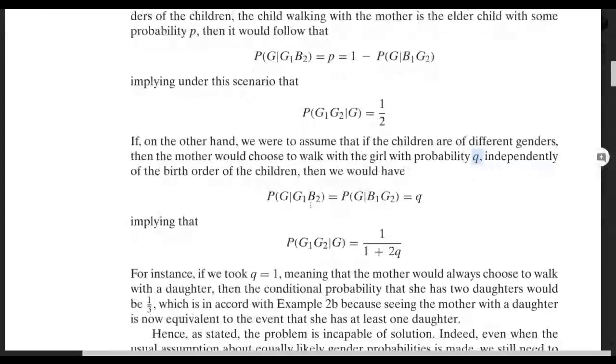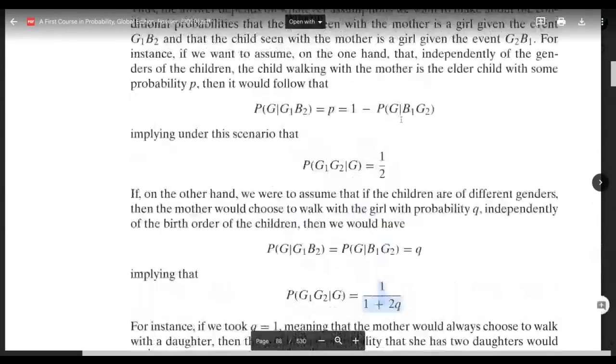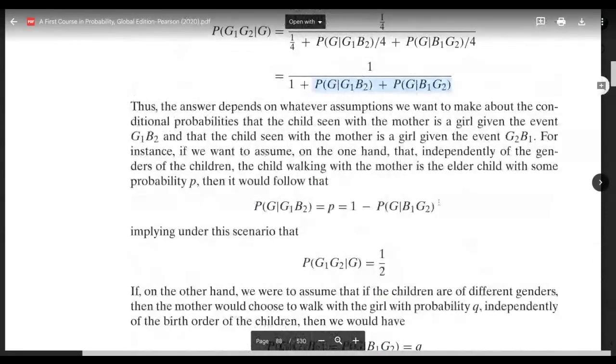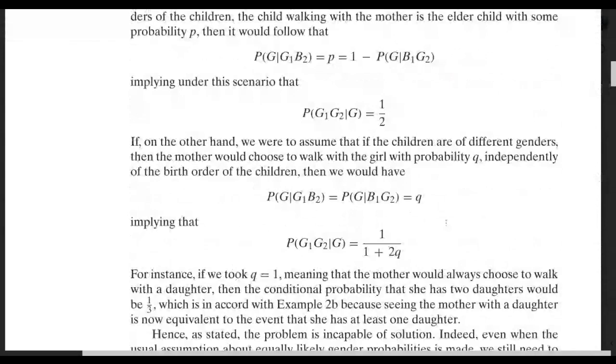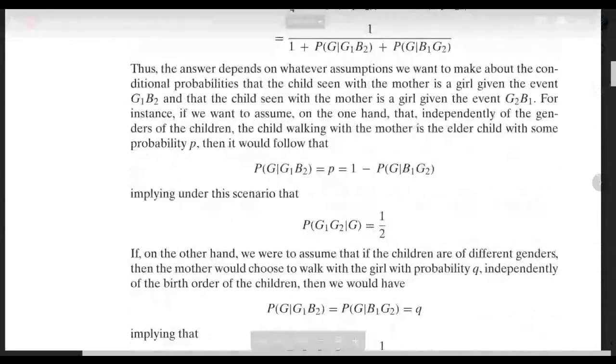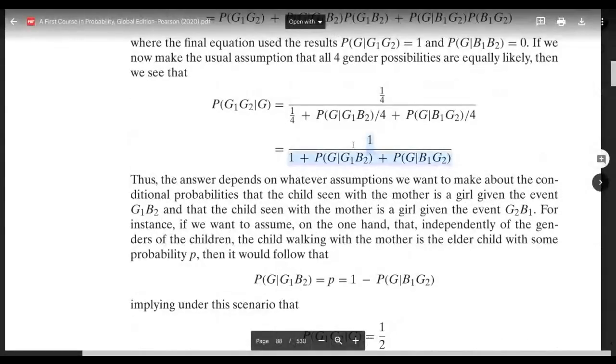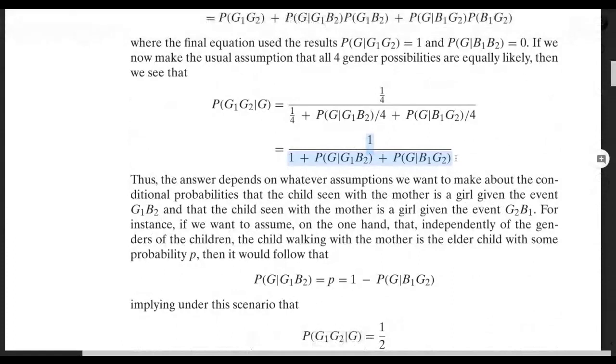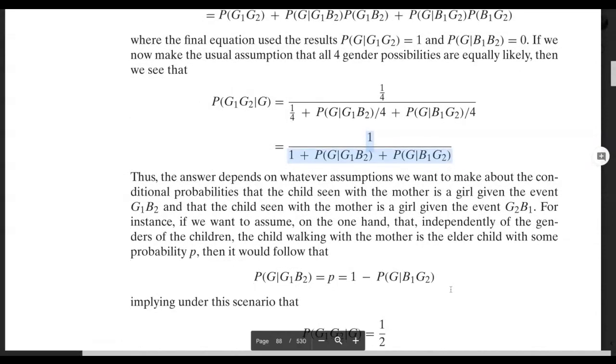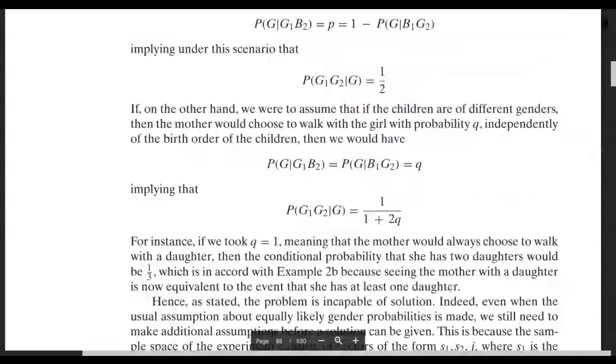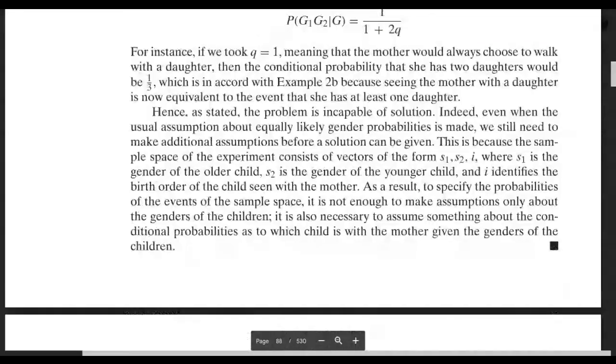Then the probability of the first child is a girl, second child is a boy, and the probability of the first one is a boy, second one is a girl, equals Q. We can plug in, we get 1 over 1 plus 2Q. So we derived this formula. Then the rest just depends on the assumptions or the given conditions.